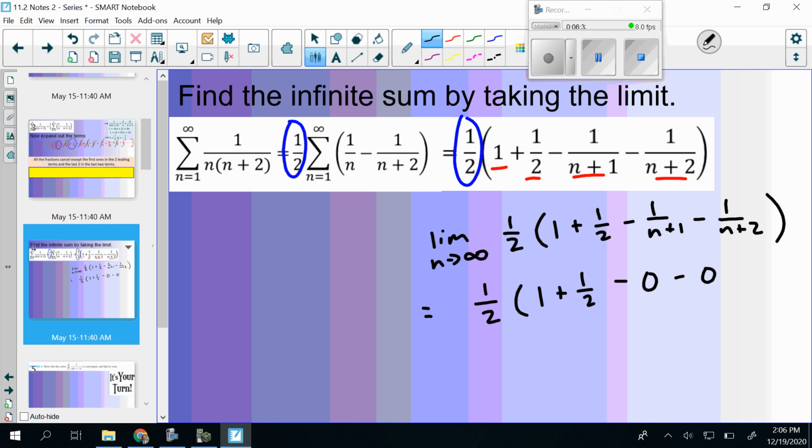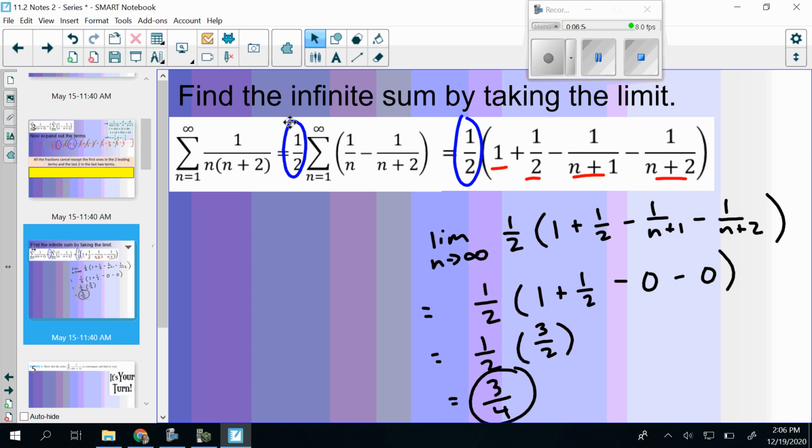Both of those would approach 0. So it looks like this whole thing is going to end up being 1/2 times 1 plus a half, which is 3/2. So it looks like our final answer here would be 3/4. All the numbers in this series should add up to 3/4 as you go to infinity.